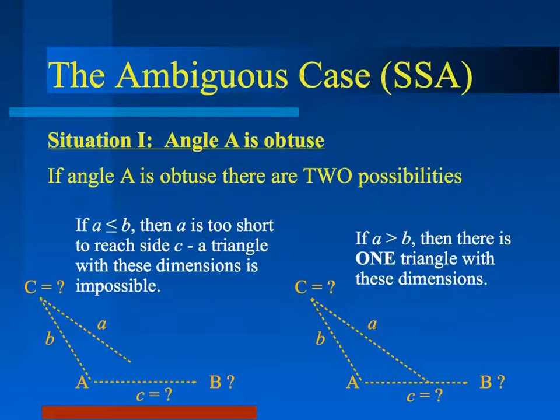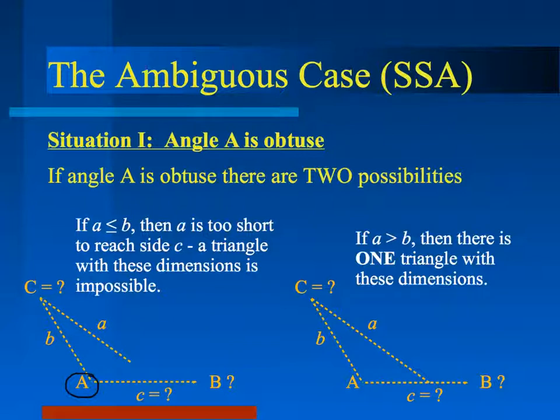In this option, angle A is greater than 90 degrees, so it's obvious right away. And the first thing that happens is that side a is too short to reach side c. So little a is less than or equal to little b.